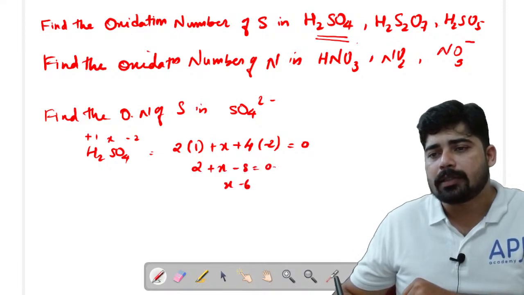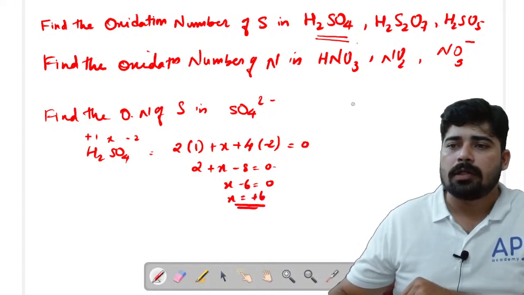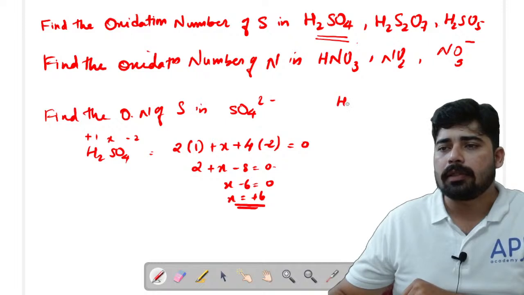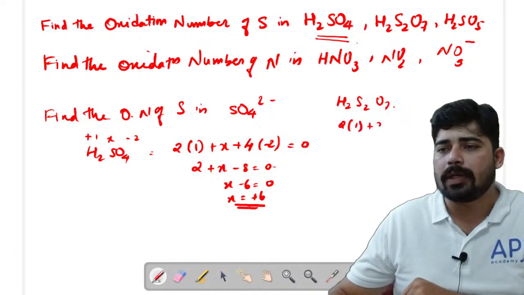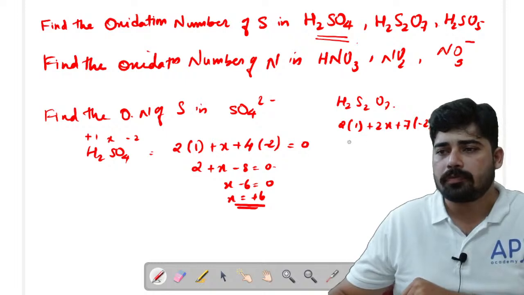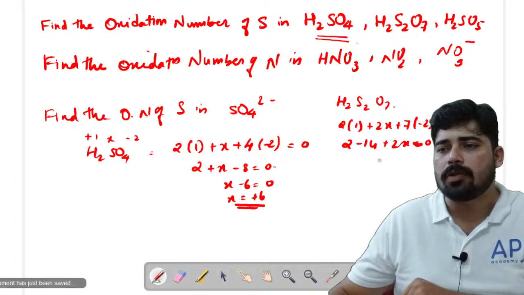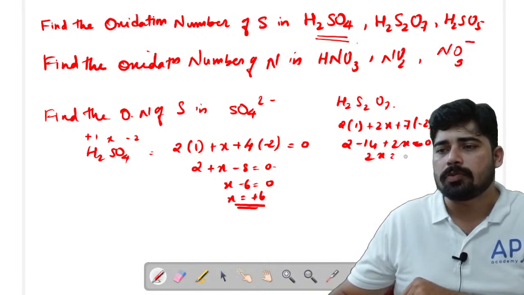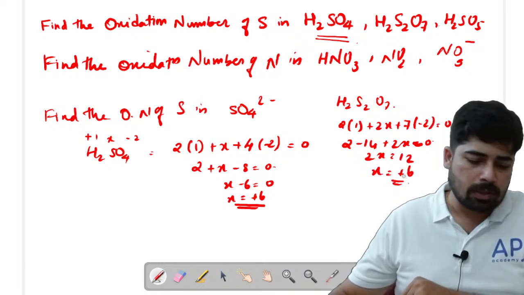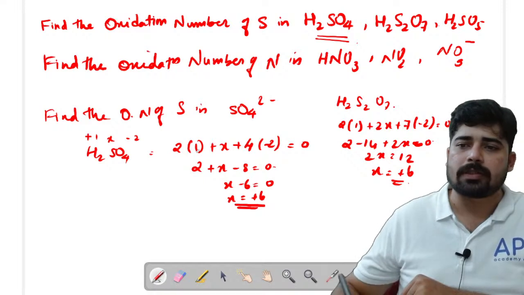So X minus 6 equal to 0, X equal to +6. Similarly, H2S2O7: 2 into 1 plus 2x plus 7 into -2 equal to 0. So 2 minus 14 plus 2x equal to 0. So 2x is equal to 12, x equal to +6. This also has x equal to +6.